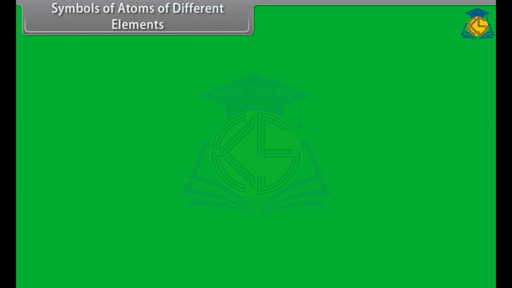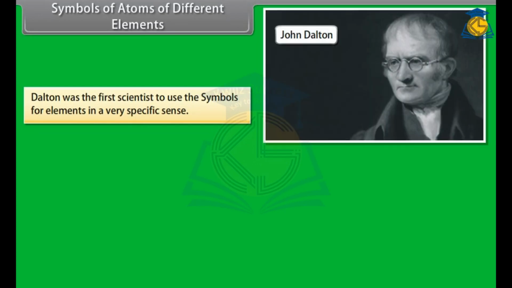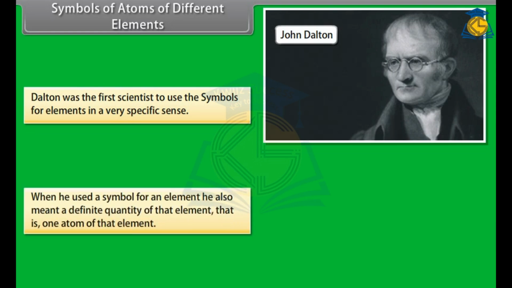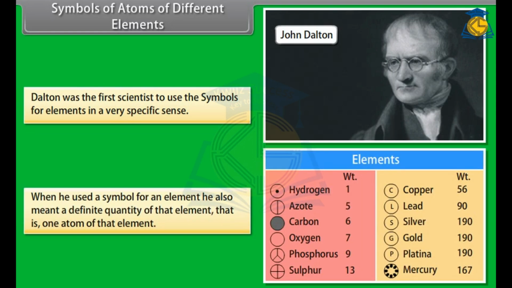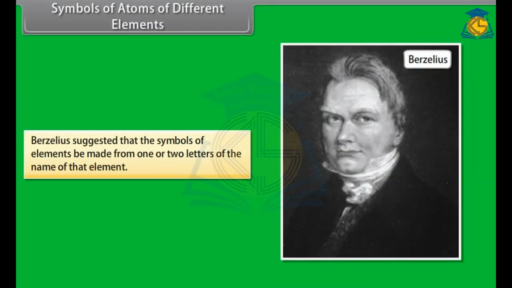Symbols of atoms of different elements. Dalton was the first scientist to use the symbols for elements in a very specific sense. When he used a symbol for an element, he also meant a definite quantity of that element, that is, one atom of that element. Berzelius suggested that the symbols of elements be made from 1 or 2 letters of the name of that element.